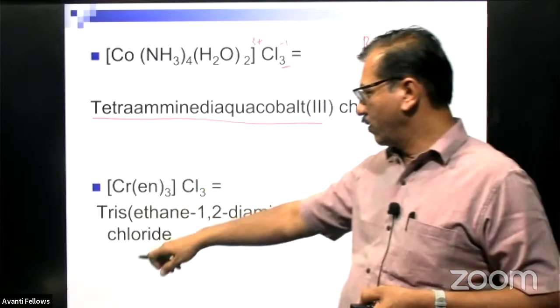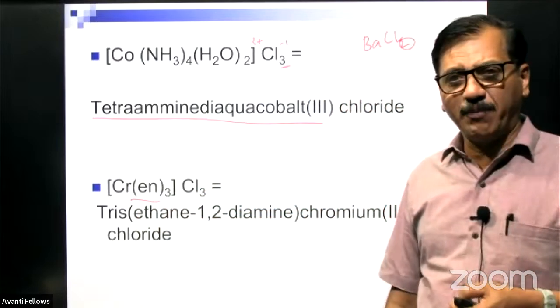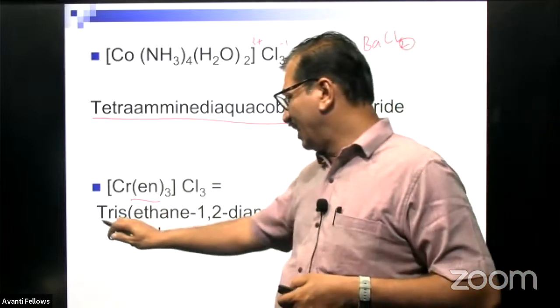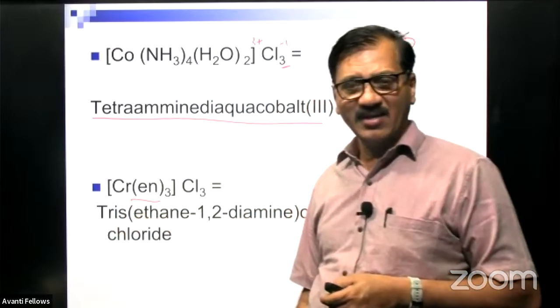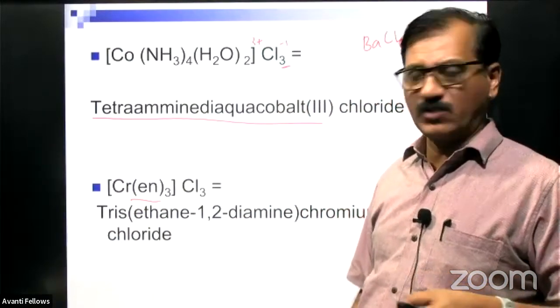Now, here an abbreviation, en, is given. Whenever an abbreviation is given, or for ligands like ethane-1,2-diamine, we use bis and tris instead of di and tri: bis for 2, tris for 3.